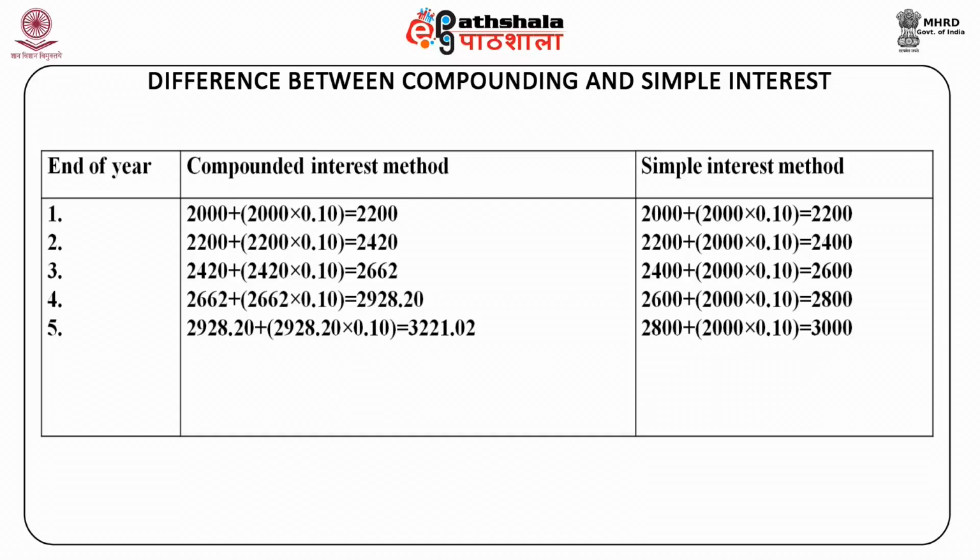Similarly, you can look at the end of year 3, 4, 5 in the table. From the above table, it is concluded that we get more value for our investment under the compound interest scheme rather than under the simple interest scheme.